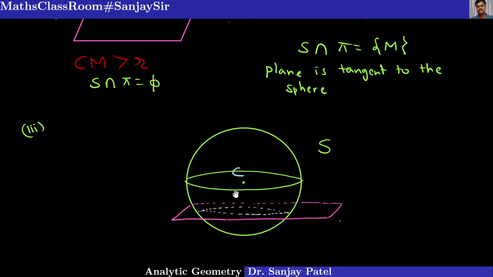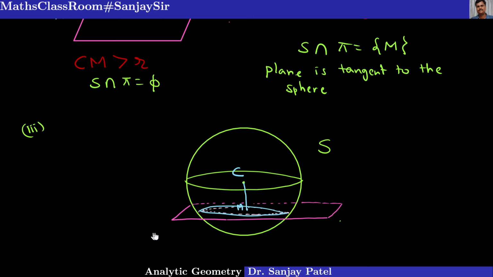This is the center, and we draw a perpendicular from the center onto this plane. This is the foot of the perpendicular, which I am calling M. So what I am getting here is again the intersection as a circle.